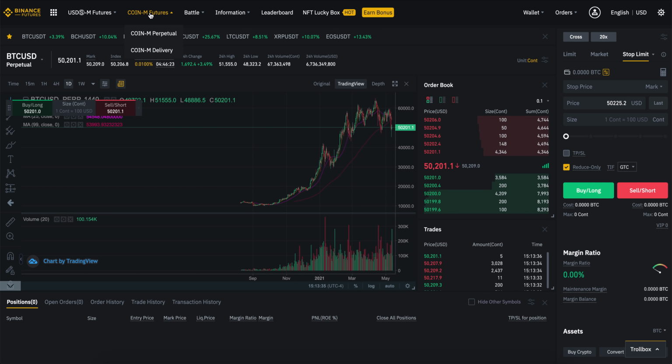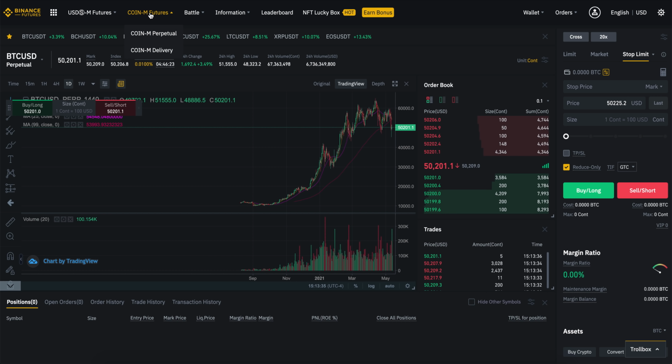Okay, so the first thing you're going to have to do is open up a futures account. After you sign up for Binance, you're going to have to open a futures account. So when you're on the home page of Binance, actually, this is the Binance futures. So let me just go back to Binance.com, not the futures site, because you'll probably be right here.